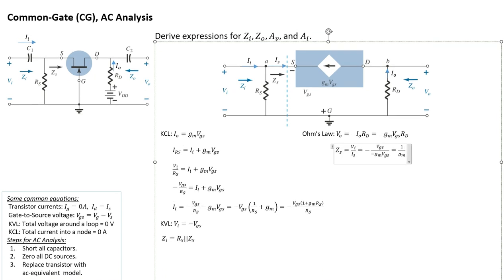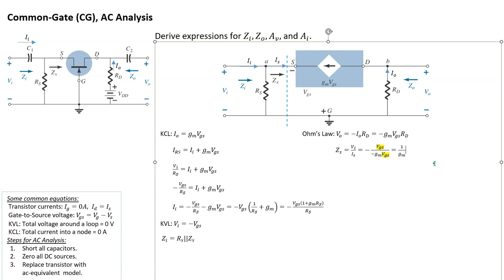Let me just show that canceling out business. Negative negative becomes positive, so ZS is just 1 over GM.